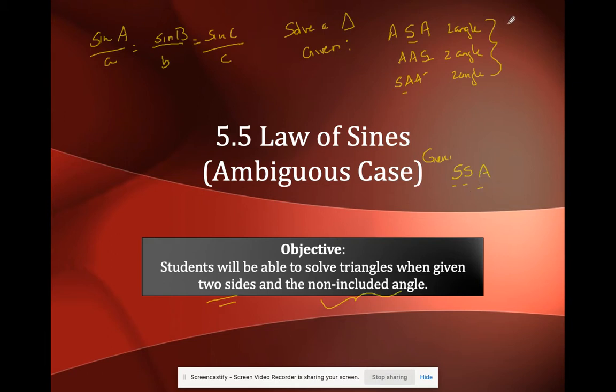There's an issue. With the other cases, there's only one triangle I can physically construct with this information. But if you have two sides and an angle not included, you might be able to make one triangle. You might be able to make two triangles. You might also not be able to make a triangle at all.